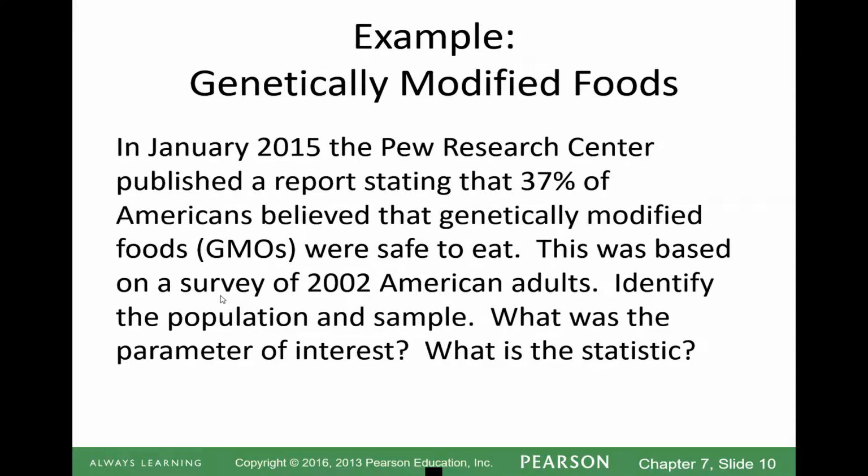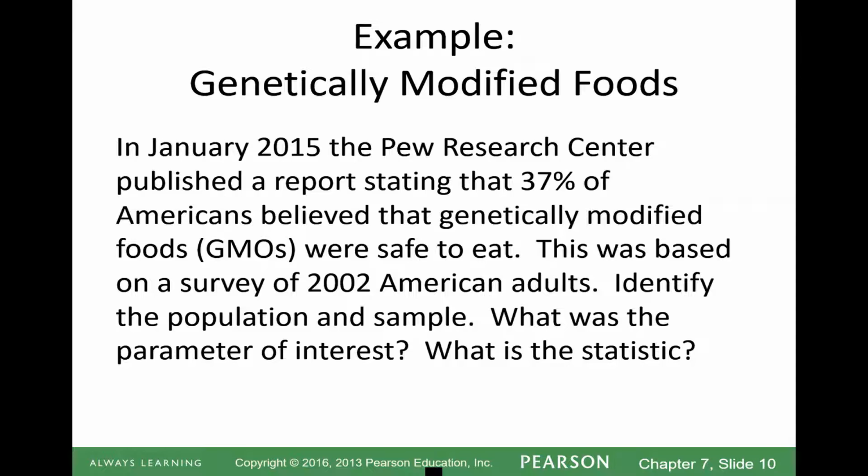So when we look at this, you see the population: all American adults. And they did a sample. They did a survey of 2002 American adults. That was a sample.